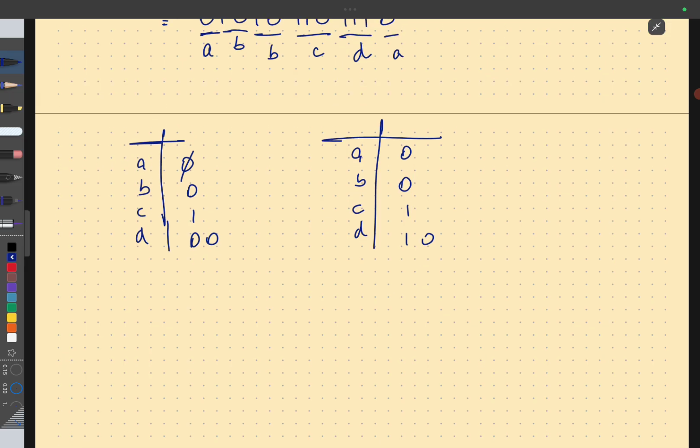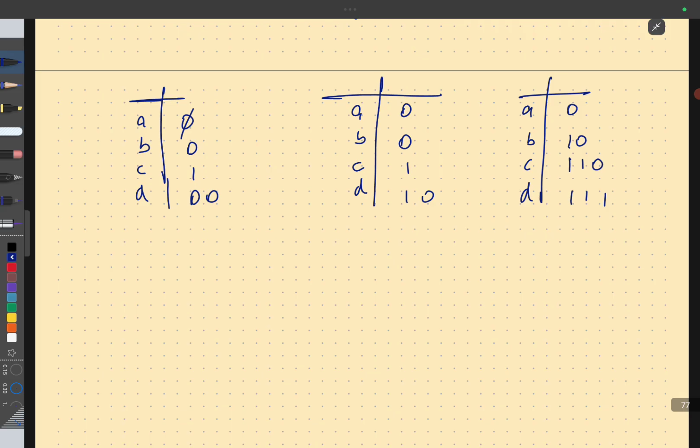The third is zero, 1, 0, 1, 1, 0, 1, 1, 1. Right, I have these 3 codes.